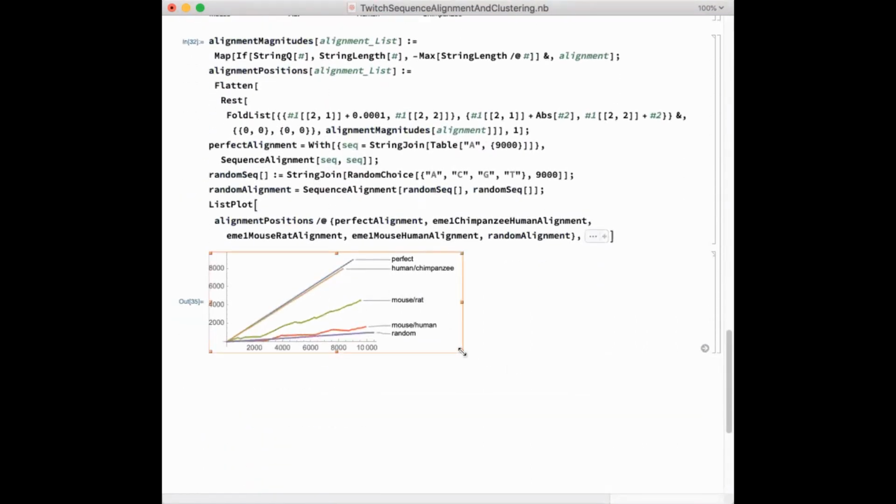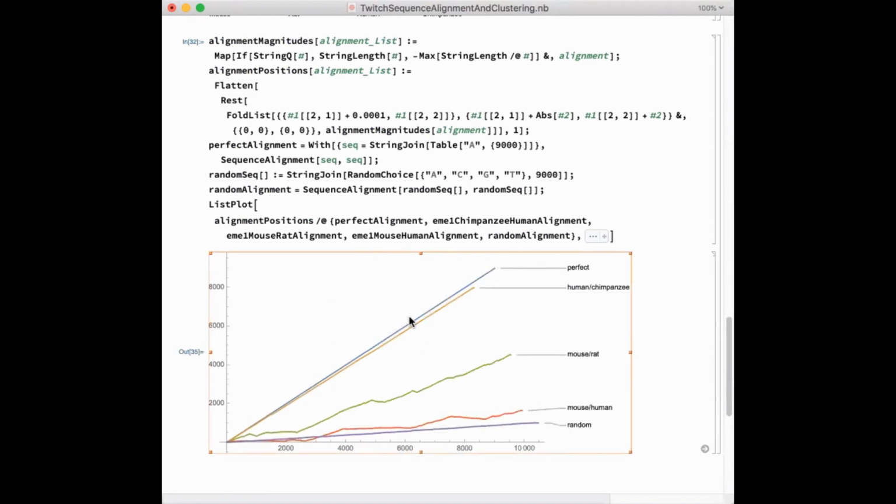So now comparing across the sequence, we observe that compared to the perfectly aligned sequence and the randomly aligned sequence, the sequences fall more or less where we might expect them to, with humans and chimpanzees being very close, mice and rats having clearly broad areas of similarity, and then mice and humans only having areas that have sort of bursts of similarity between each other.